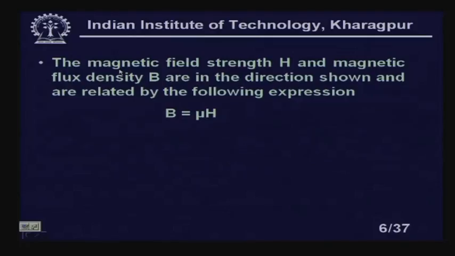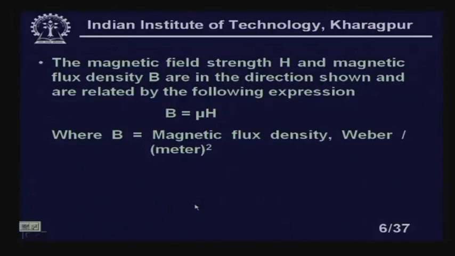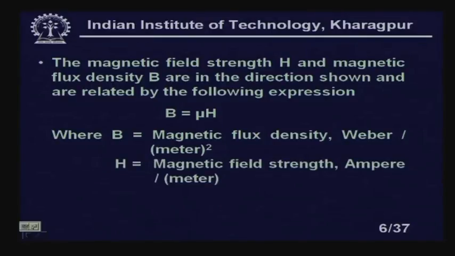They are related by B equal to mu into H, where B is the magnetic flux density, in Weber per meter square, and H is the magnetic field strength which we want to measure, that is ampere per meter.